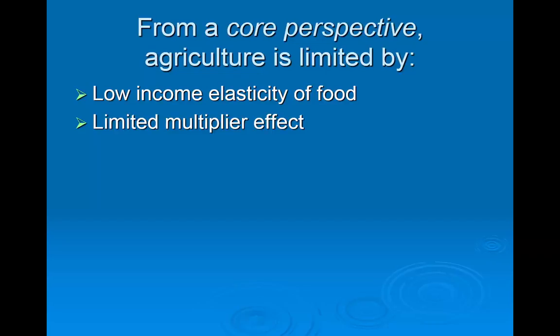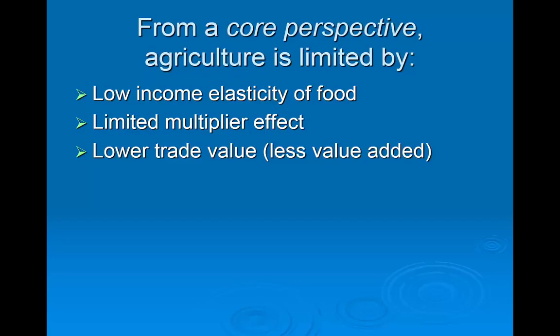Also, agriculture is seen to have limited multiplier effects. We grow the crop, we harvest the crop, we package the crop. That's pretty much it. There isn't a lot of other value added or things done with that specific type of raw material. It has a lower trade value, partly reflected on this having less value added.